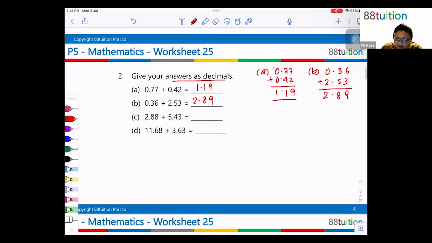Again, just to make sure, you need to make sure that your numbers are aligned. Once the numbers are aligned, then the addition would be pretty straightforward. So this is for us to practice our paper 1, okay?